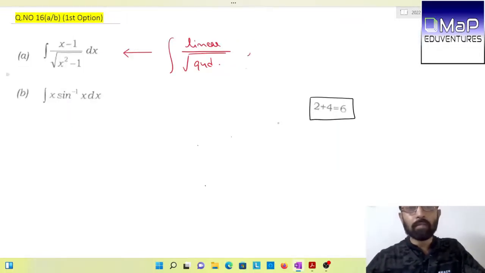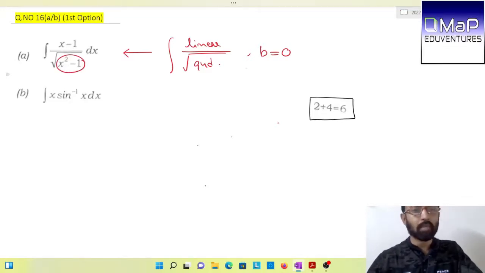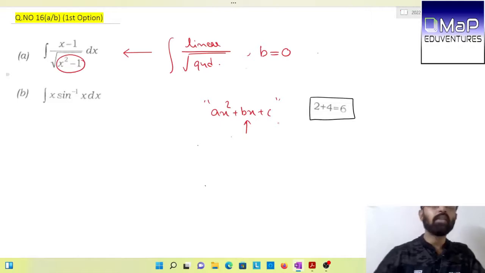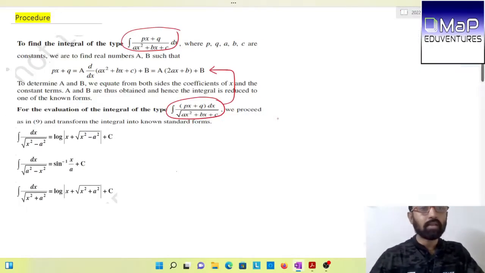Now if the b term of the quadratic is 0, as we see here our quadratic expression has no b term. What does b term mean? As we know, ax square plus bx plus c is considered as a quadratic expression. This b term, if it is 0, then you don't have to apply this formula.